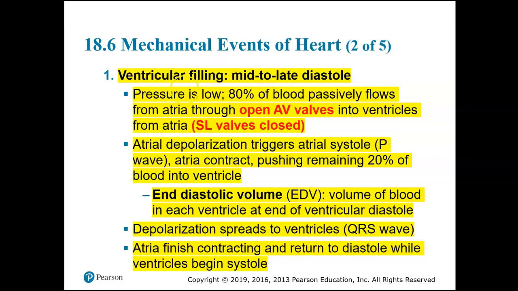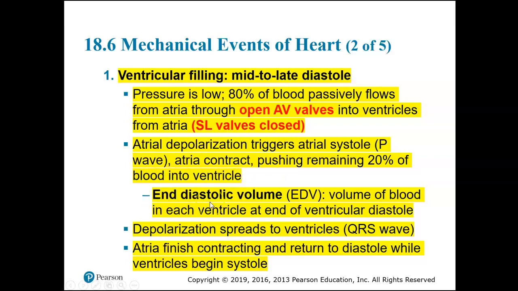And it's gravity, really, that's causing the blood to flow from the atria into the ventricles. Then you have atrial depolarization starting with the SA node, and that triggers atrial systole or contraction, and that pushes the remaining 20% of blood into the ventricle.